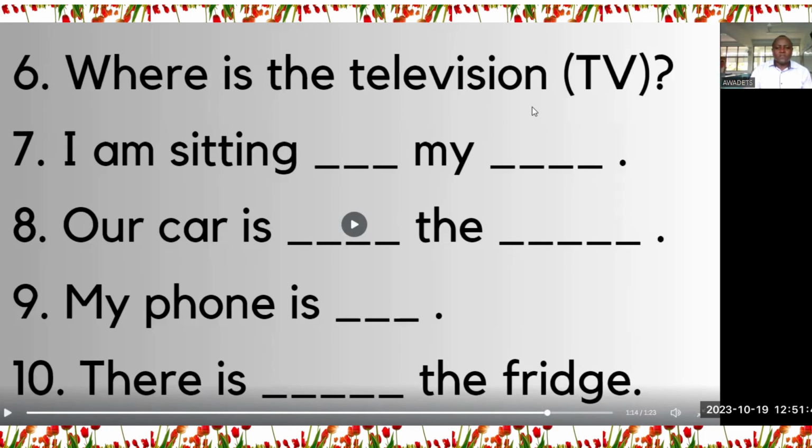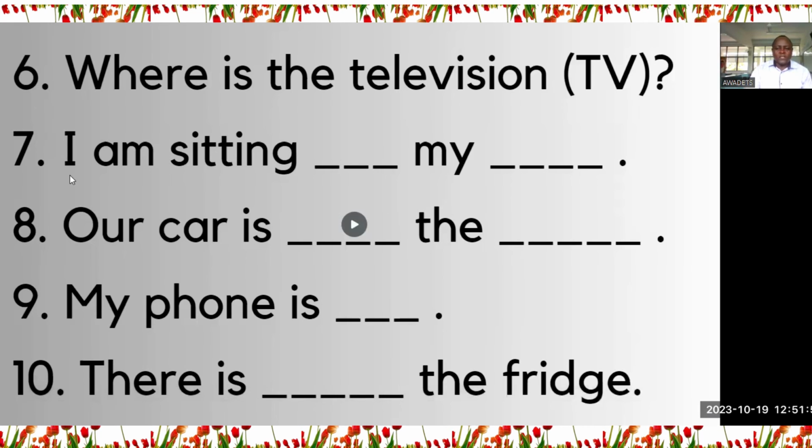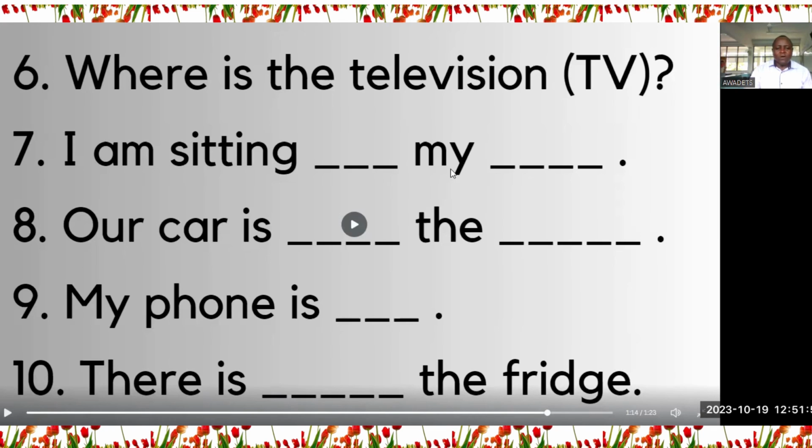Question number 7, where are you sitting right now? I am sitting on a sofa in my living room. Where are you sitting?